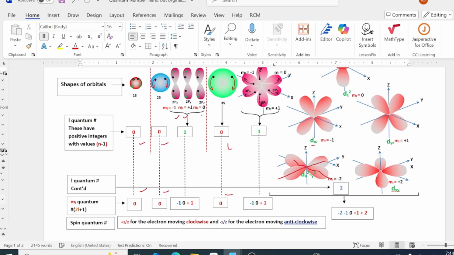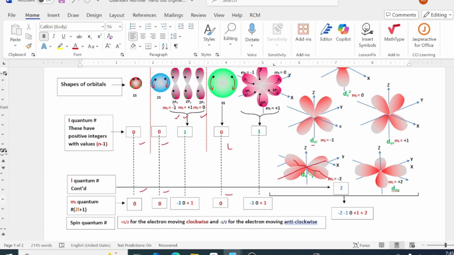But to distinguish which one is lying on the x-axis, the y-axis and the z-axis, these magnetic quantum numbers are used.